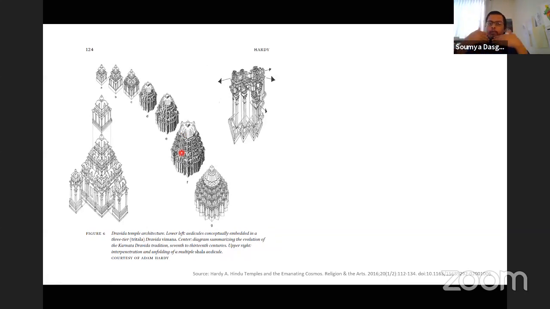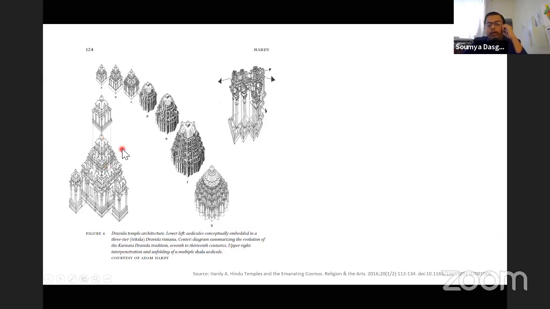And when we look at the past from the distance of the future, we identify those forms which help us understand the underlying geometric logic, which is what we are interested in this workshop, to understand the parametricism in Indian temples, right? So you see this A, the small edicule, then B, C, D. They are growing in size, one getting on top of the other, the smaller versions on the top, the larger on the bottom.